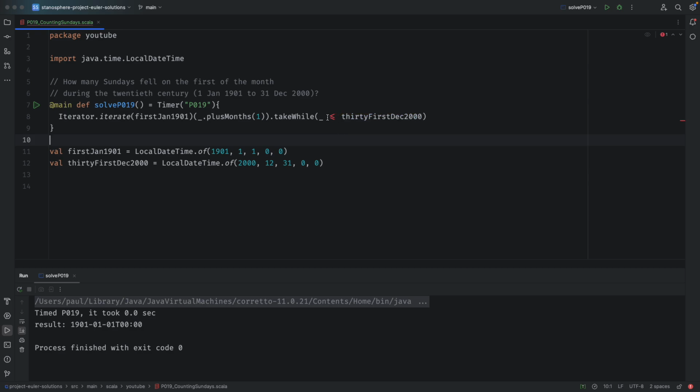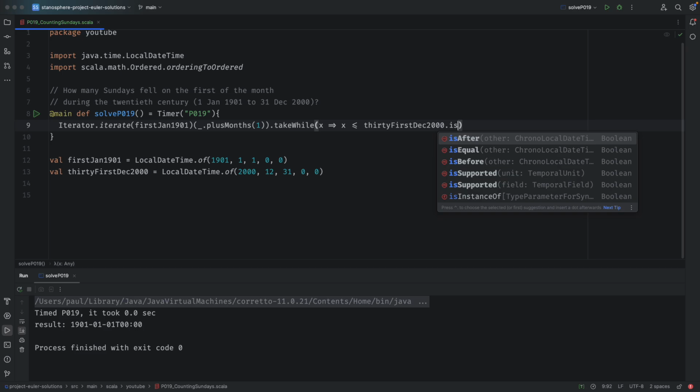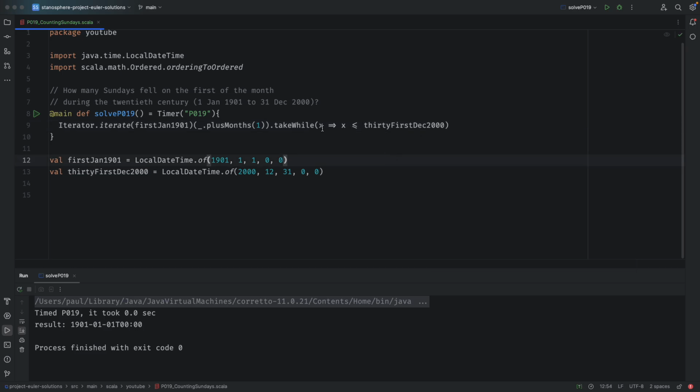That's annoying. I thought I would be able to use that sort of operator. There might be an import for that. Yeah, that. There's probably an is before method or something on date times. But anyway, let's use just those things. So that should give us an iterator of the dates that we want, and then we just want to check if they're Sundays.